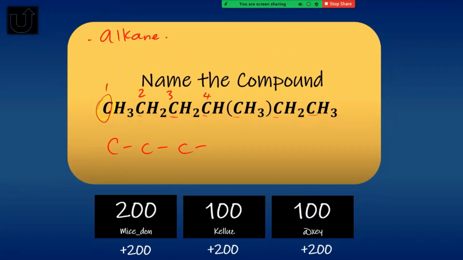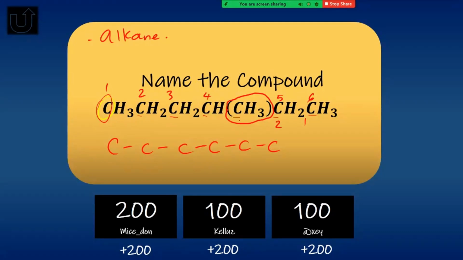The 5th carbon. Okay, this one. That's the one I'm assuming will have the branch. All right, so we have a 6 carbon chain, because then you have to break off something.